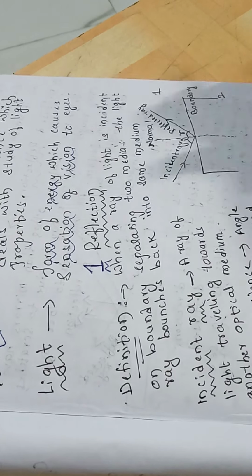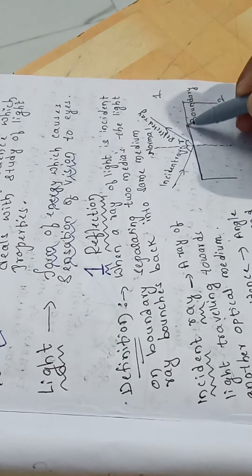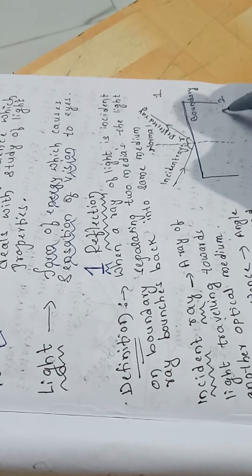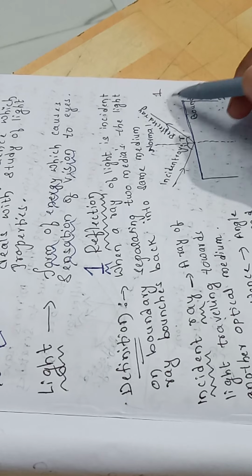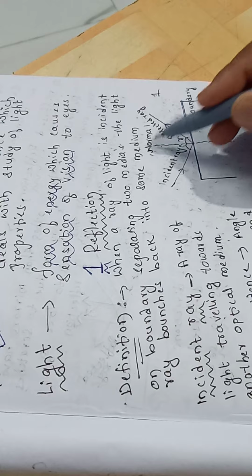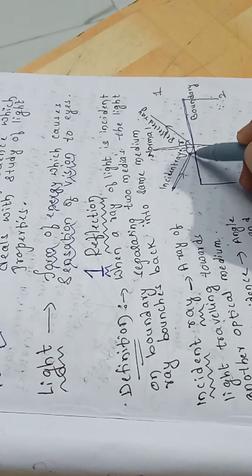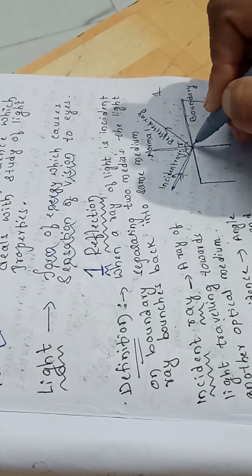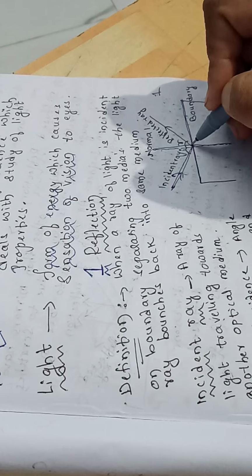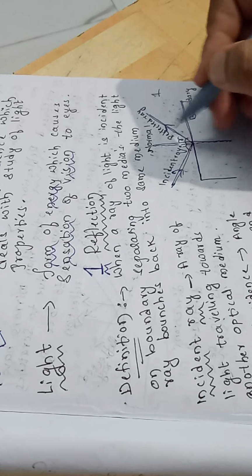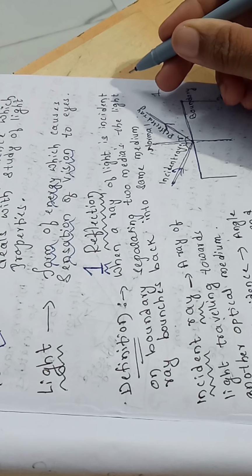Now here in diagram, this is the boundary separating two different mediums. Now this is the normal drawn to the boundary. Now this is the incident ray. Now when it is incident on this boundary or interface, it bounces back or reflects back in the same medium.